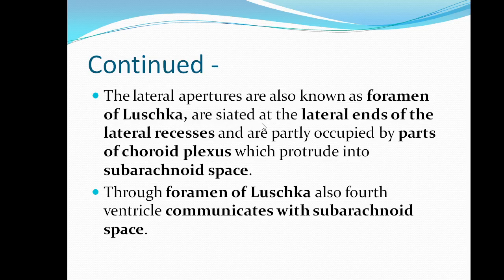They are situated at the lateral ends of the lateral recesses and are partly occupied by choroid plexus which protrudes into the subarachnoid space. Through the foramen of Luschka also, the fourth ventricle communicates with the subarachnoid space.